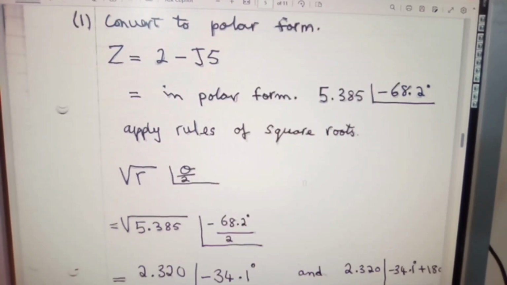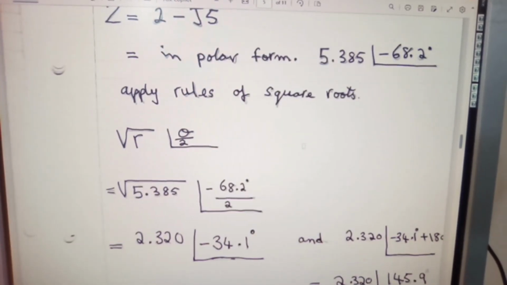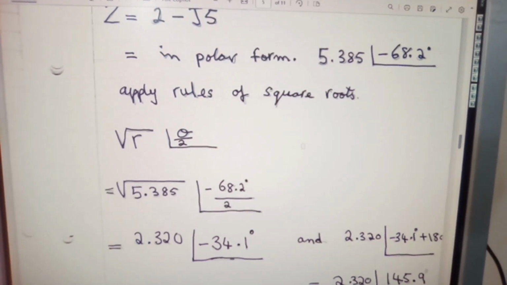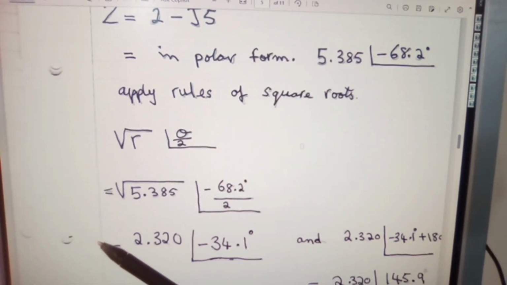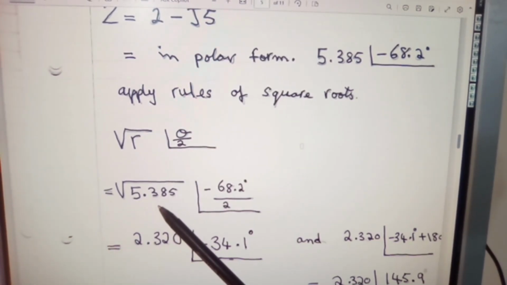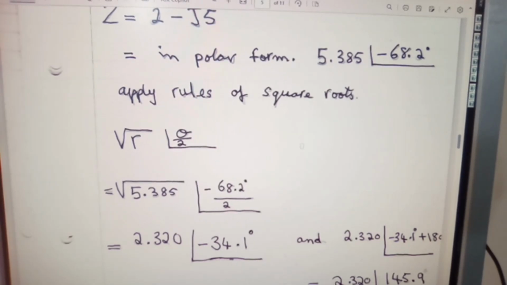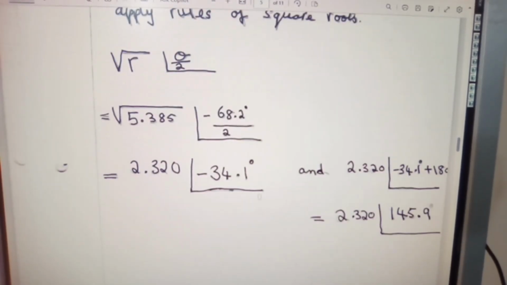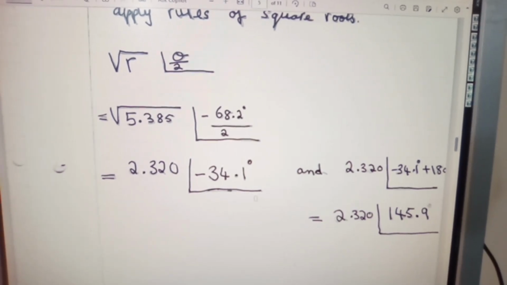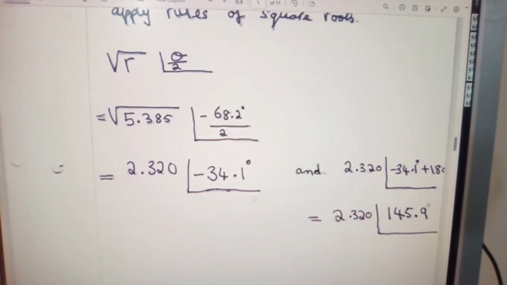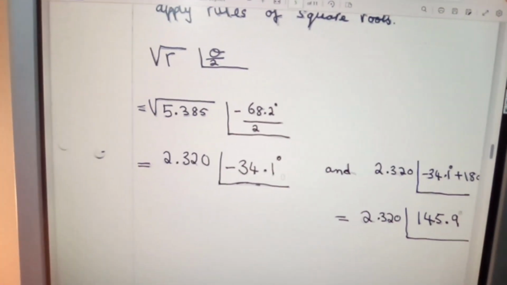Apply rules of square roots, okay? Minus 68.2 over 2, okay?